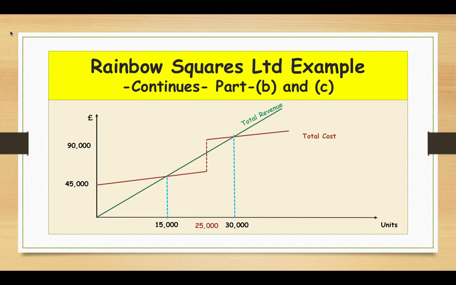So the company should set the production targets accordingly. So by looking at the graph, if your total revenue curve is above the total cost curve, then it's worth producing, and vice versa.